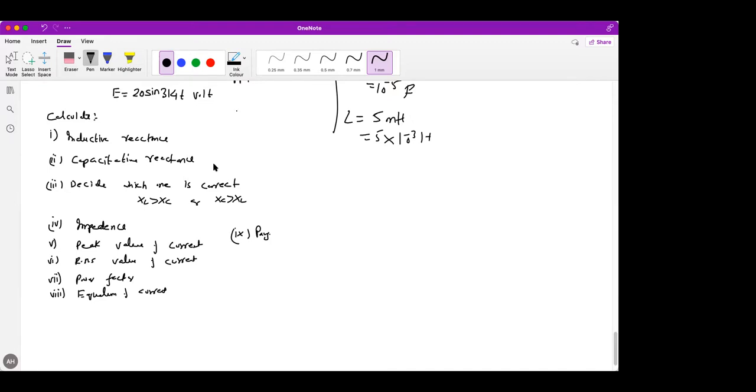Okay. So for fourth one, we'll be using ERMS, IRMS, cos phi. For power factor, which one? For average power or for power factor? No, sir, impedance. Impedance is root of XL minus XC square plus R square. Yes, sir, clear.